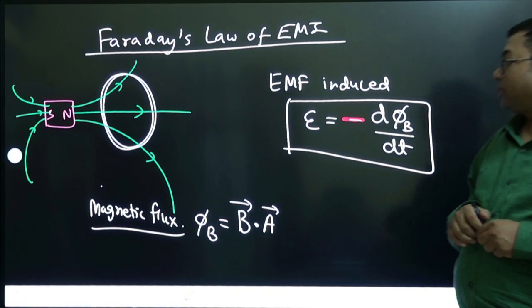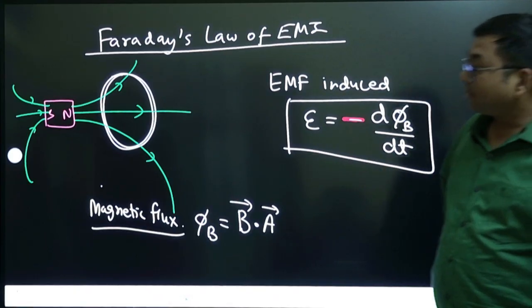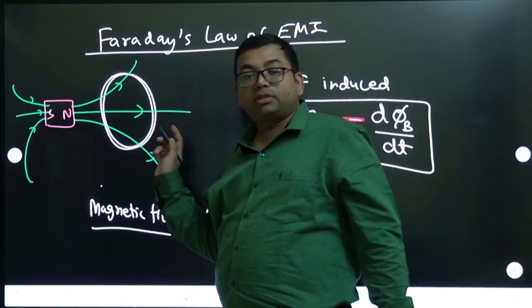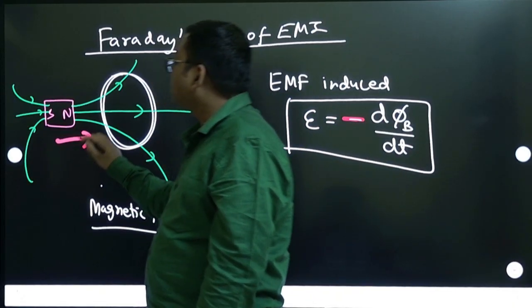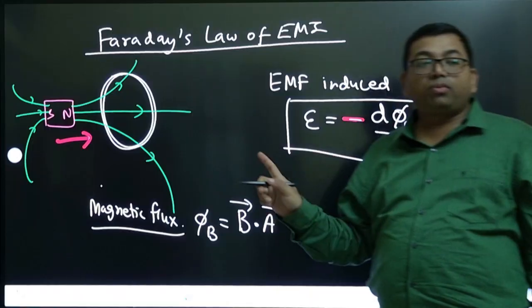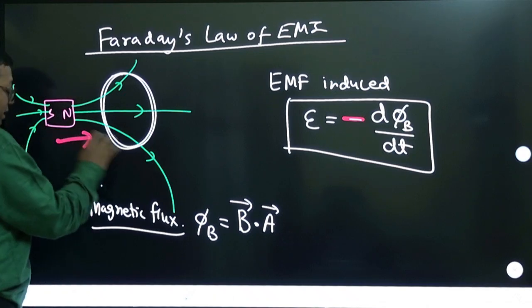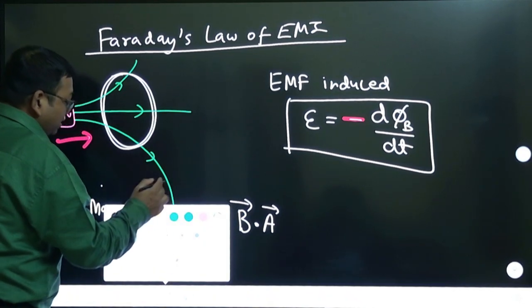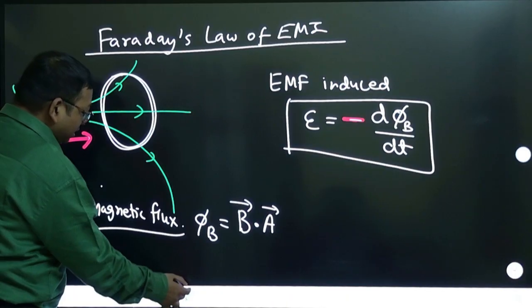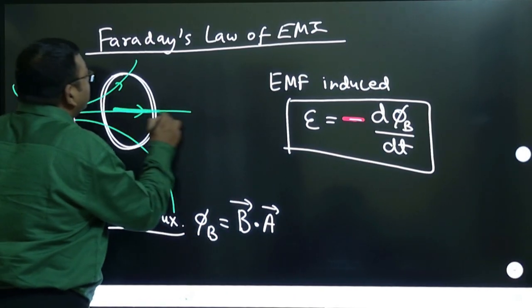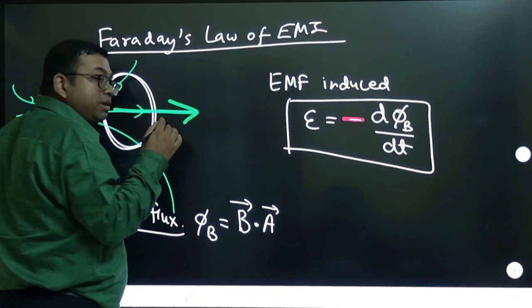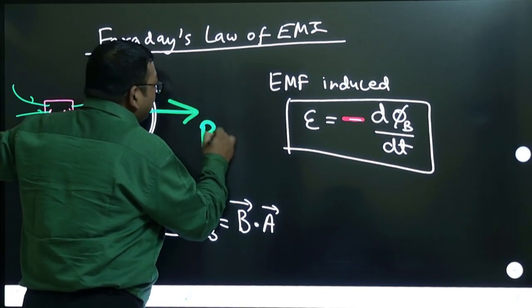Okay, so let us try to understand with an example. Suppose you are moving this magnet towards this side. So what happens if you are moving this magnet towards it? Right now this magnet is creating magnetic field, and this magnetic field which you can see here, let us call this the external magnetic field.